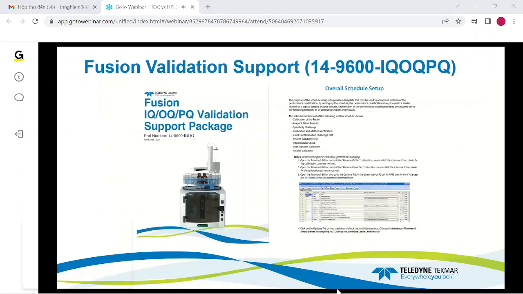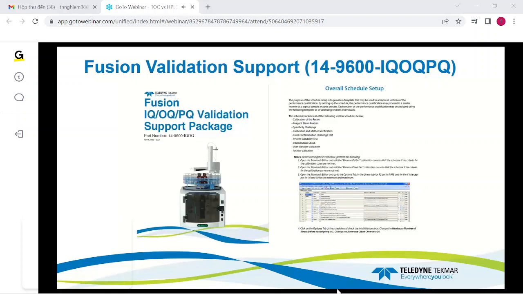One thing I also mentioned with this presentation is that the Fusion has validation support, with an IQ, OQ, PQ. This is an optional item that can be added to the quote, and it comes with a full validation of the system done by a trained engineer on site over a certain amount of time. Then you can go in and set up certain protocols such as user managers, user permissions, electronic signatures, and a lot of different things.